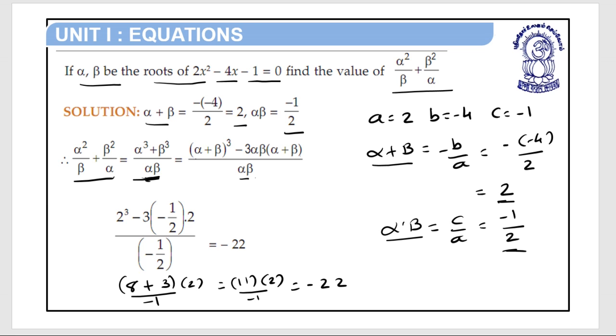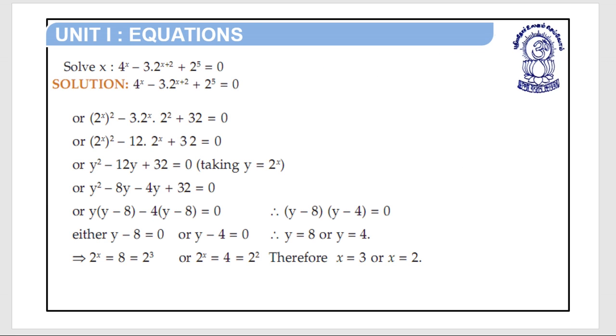Now the next one is solve 4 raised to x minus 3 into 2 raised to (x plus 2) plus 2 raised to 5 is equal to 0.